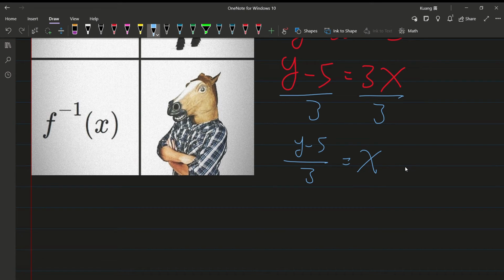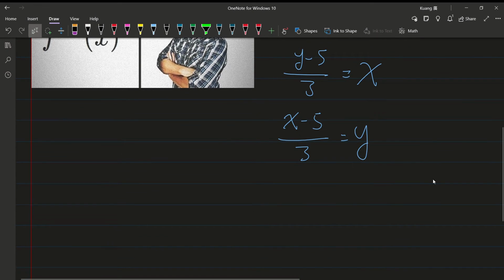The last step is to switch x and y. Let your y become x, let your x become y. So x minus 5 over 3 equal y.